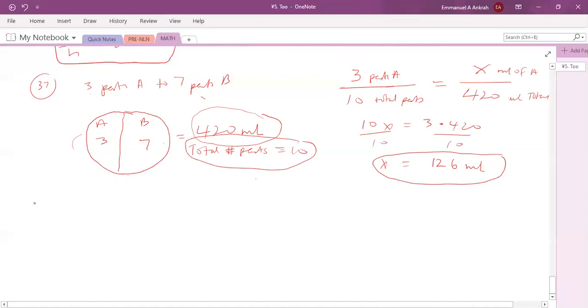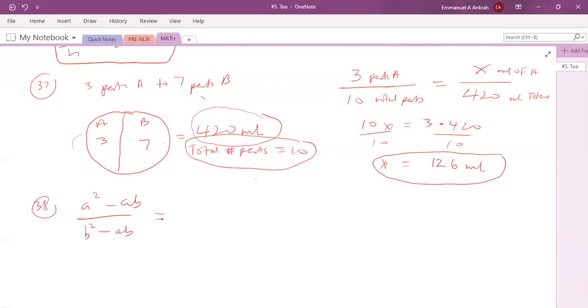38 is algebra. I want to simplify this. So what do you think I should do for this question?